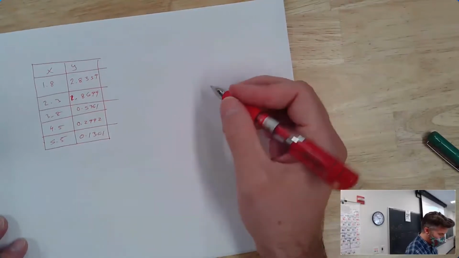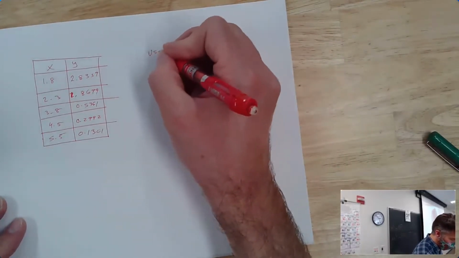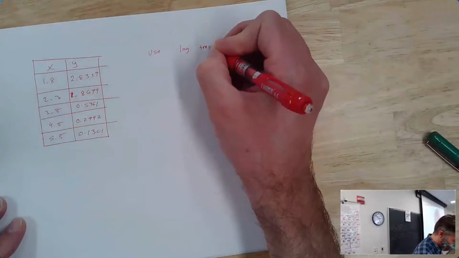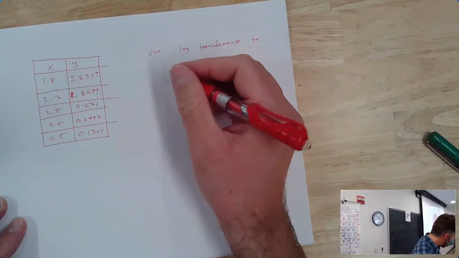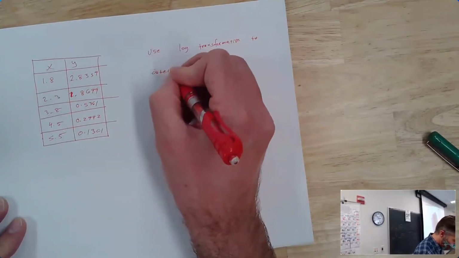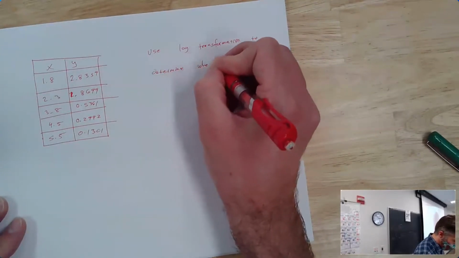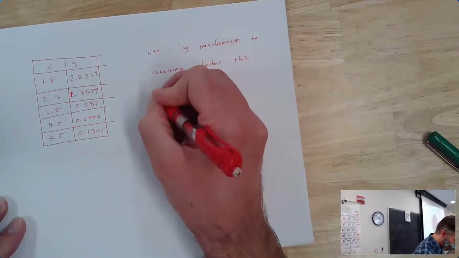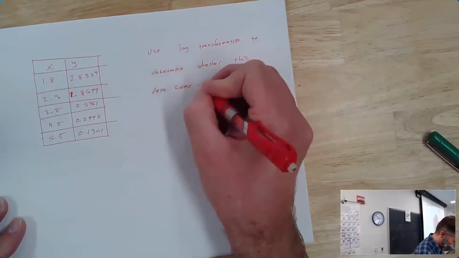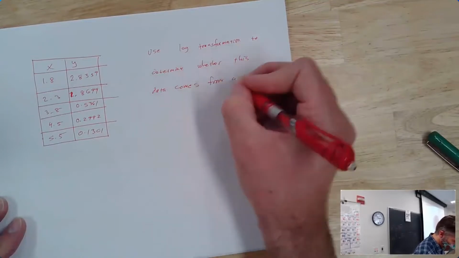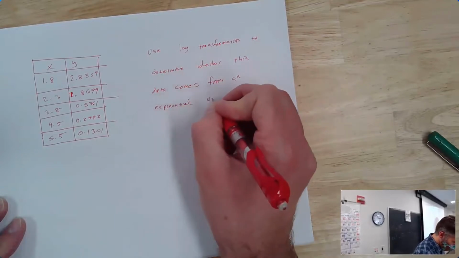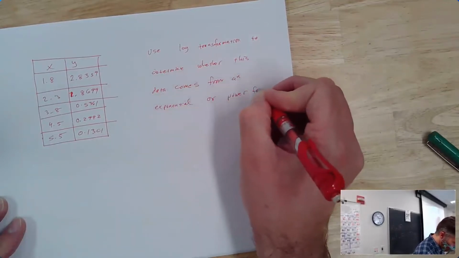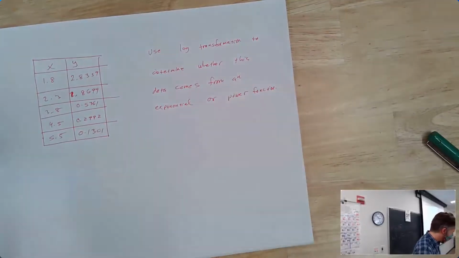And I want to use an appropriate logarithmic transformation to determine whether this comes from an exponential or a power function. And then find the functional relationship.